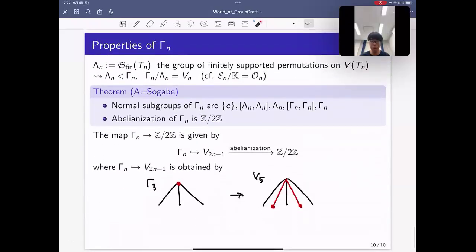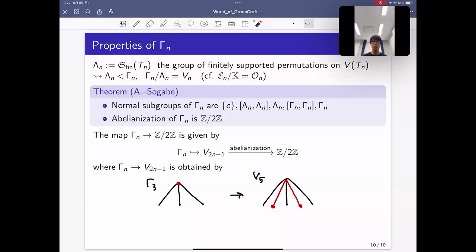Finally, we see the properties of gamma. It has a nice normal subgroup, say lambda n. This is the group of finitely supported permutations of the vertices of the tree. Since the elements in lambda n are finitely supported, they do nothing around the boundary of the tree.